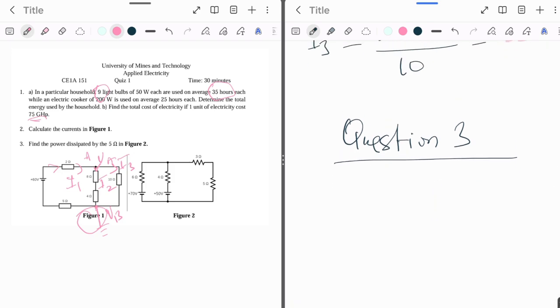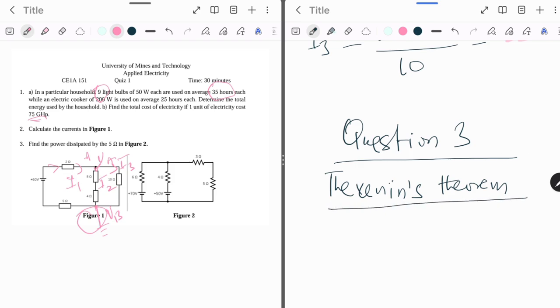So we have Thevenin's theorem here. We are going to use Thevenin's theorem.